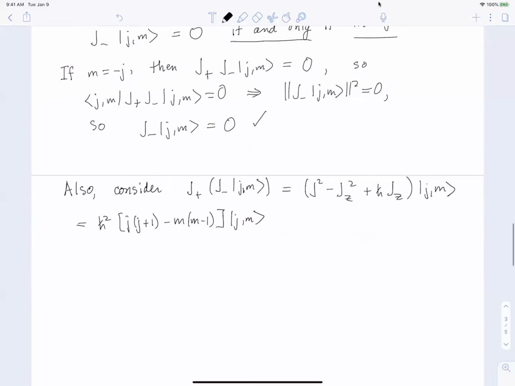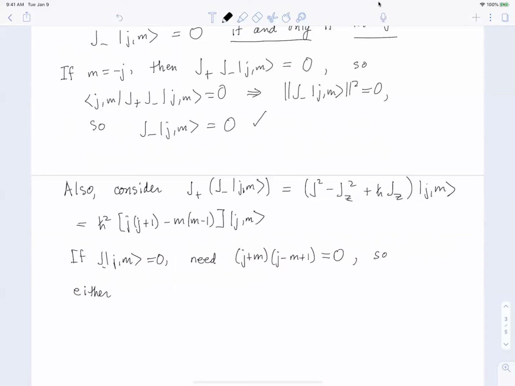Okay, and so if j minus jm is 0, when we factor this, we need j plus m times j minus m plus 1 to equal 0. And so there's two ways that could happen. Either m is equal to j plus 1, or m is equal to minus j.